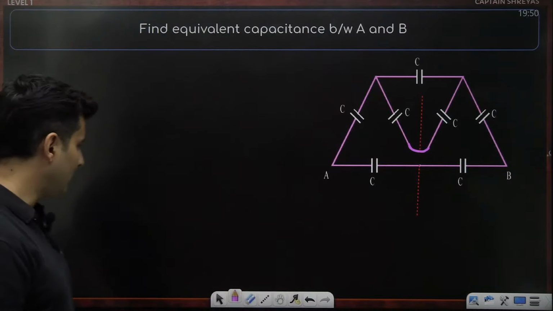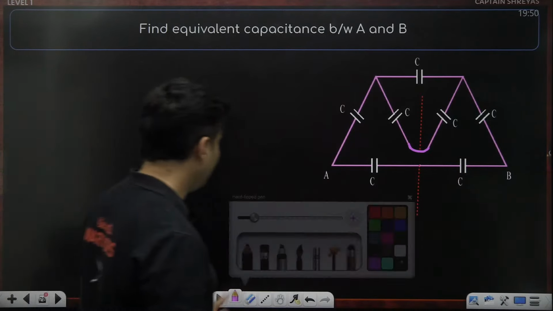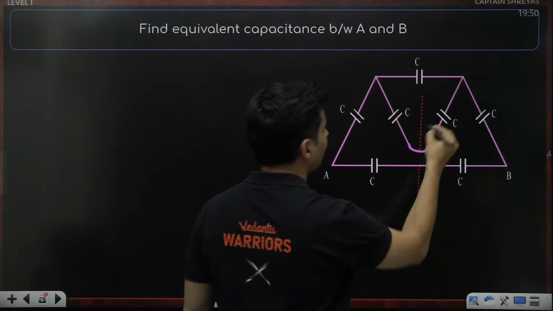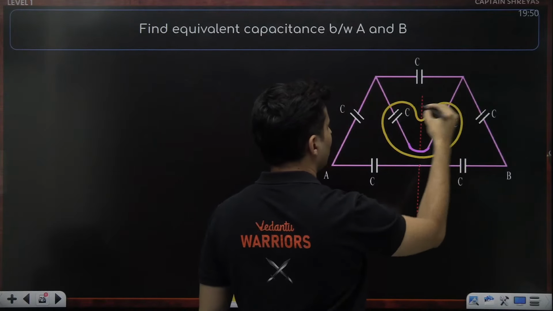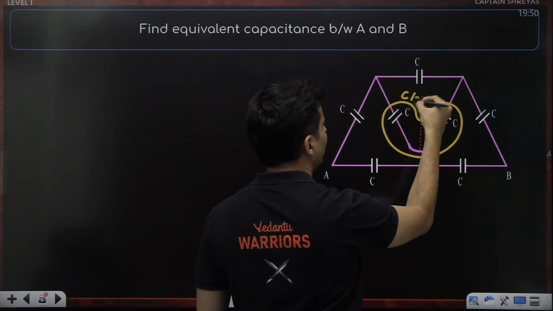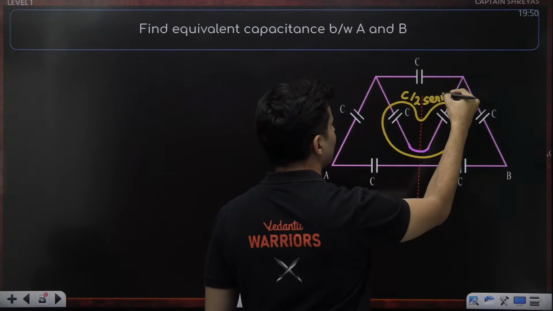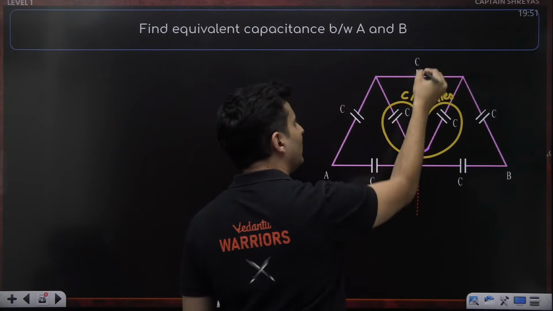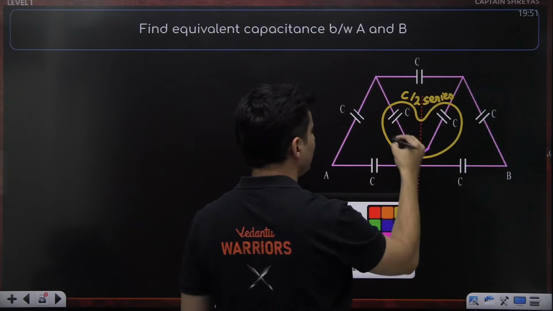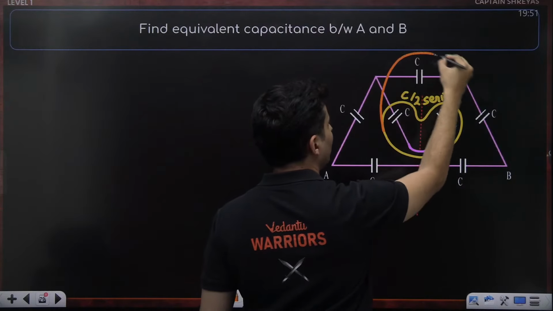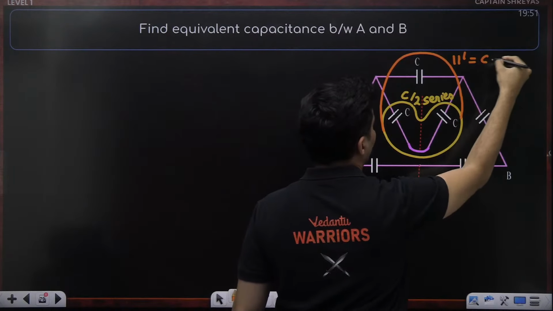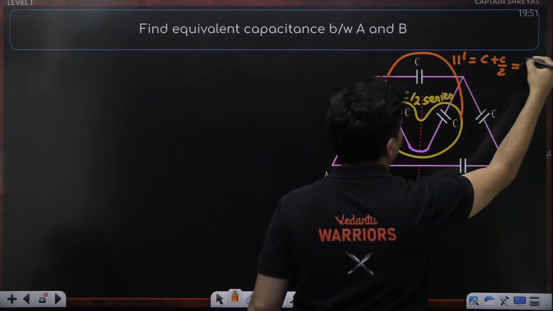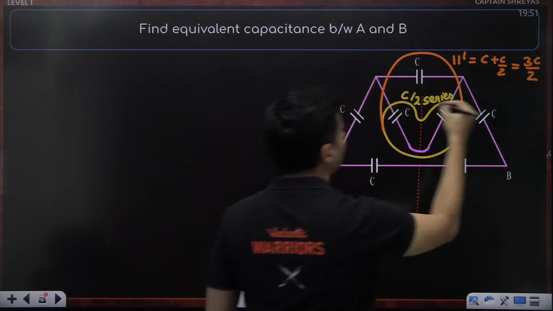Now it is a simple circuit, right? So let's see what it comes out to be. These two capacitors are basically in series, so it will be C by 2. This C by 2 and this C are in parallel with each other, so in combination it will be C plus C by 2, which is 3C by 2.